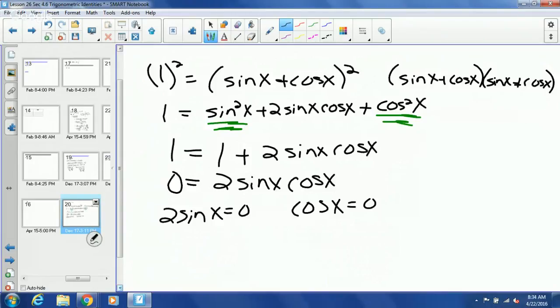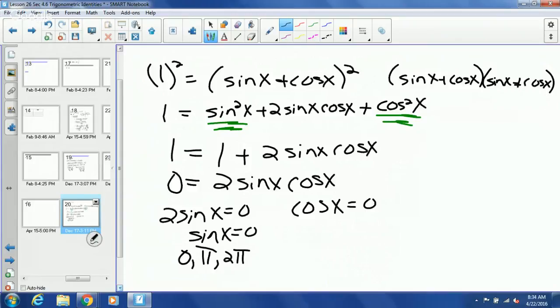Now, this one here I would divide by 2, so you just wind up with sine equals 0 there, right? Tell me where those two things are true. First of all, where is sine of x 0? Pi and 2 pi. Remember, I'm starting at 0, so I could say 0, pi, and 2 pi.